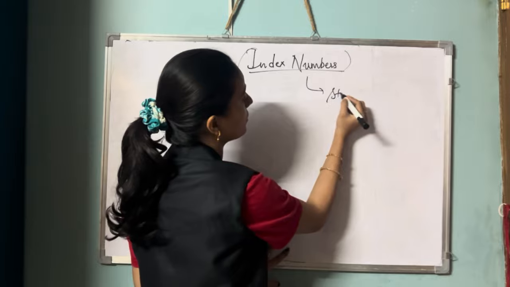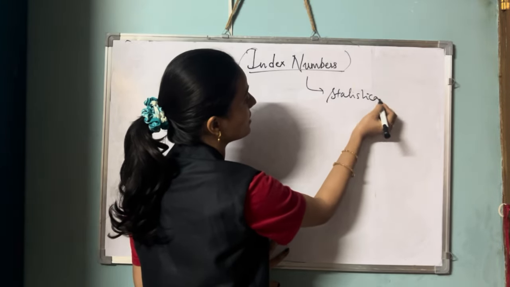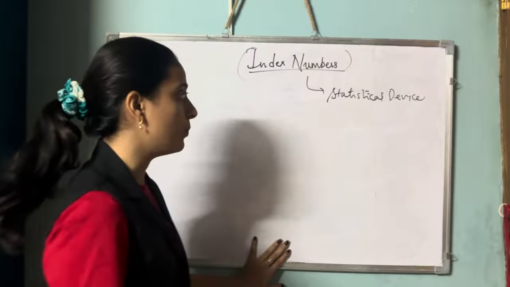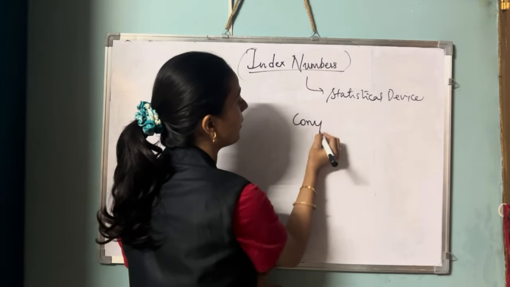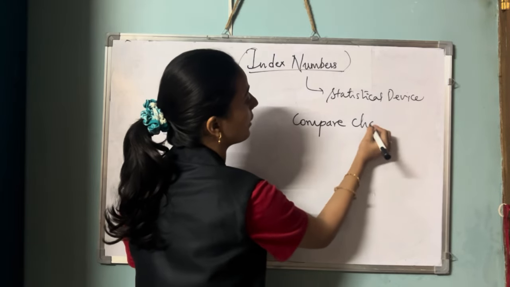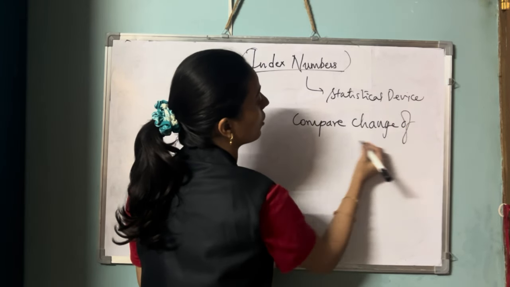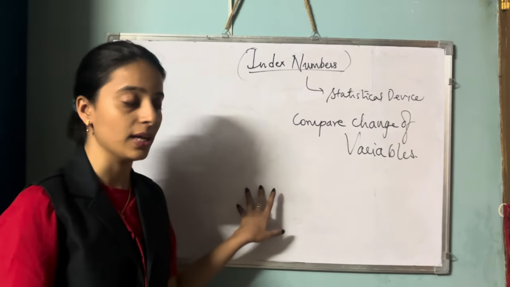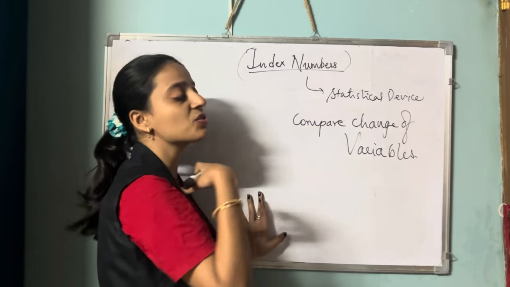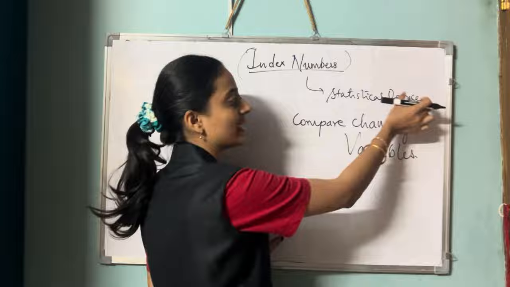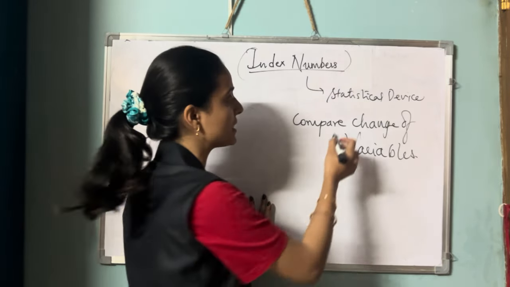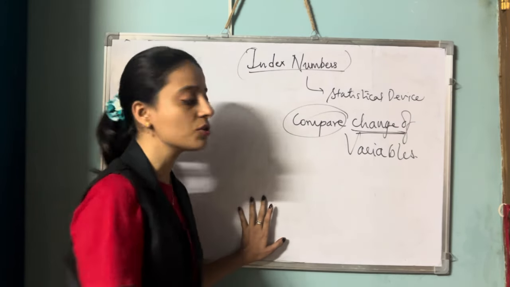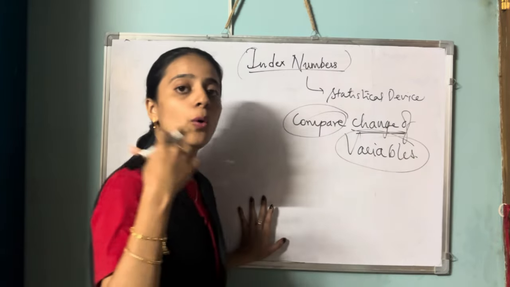Index numbers is a statistical measure or a device in which we compare changes of variables. Okay, so index number is one such tool or statistical device which helps in comparison of how much change is occurring in particular variables.